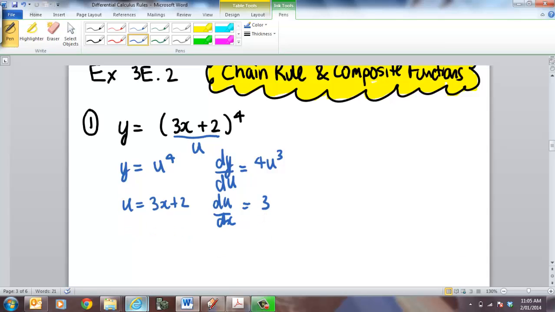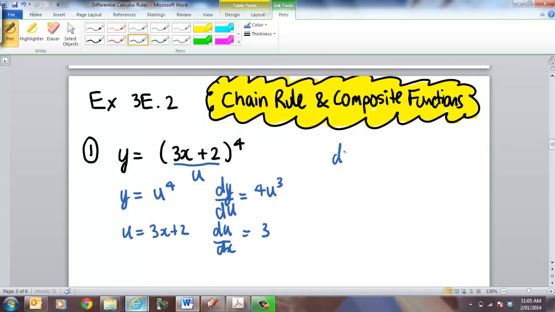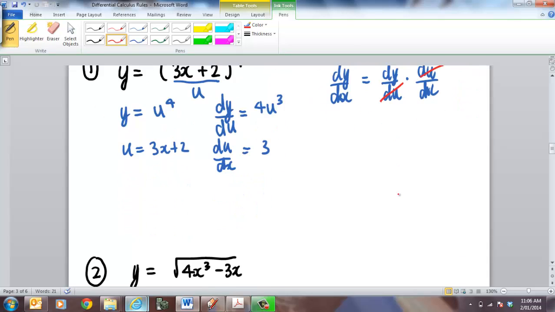The chain rule says that dy/dx is in fact equal to dy/du times du/dx. It's like it's got this connector thing that cancels out and leaves me with my dy/du. So in this particular case, my dy/dx is equal to, what's my dy/du?